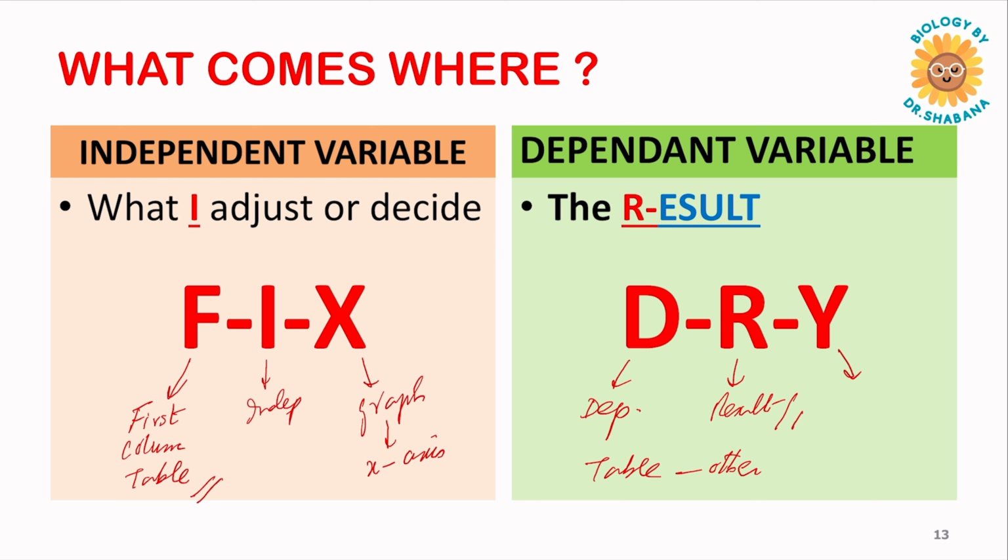You can also say the right side of the first column in the table will be dependent. And Y, if I'm going to plot a graph, this would come on my y-axis.